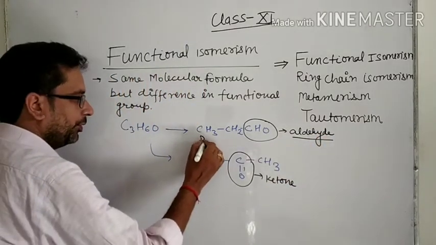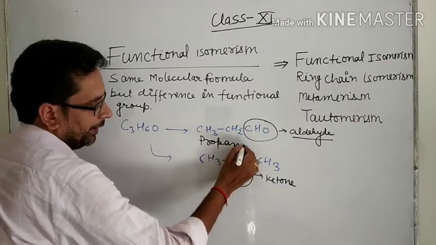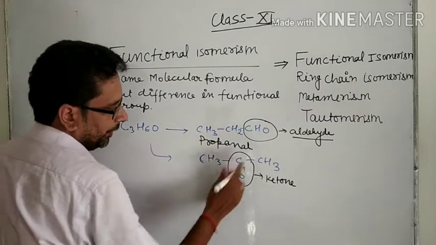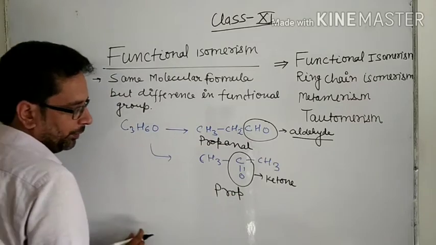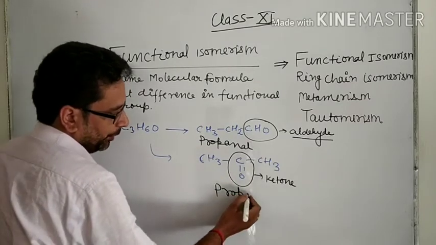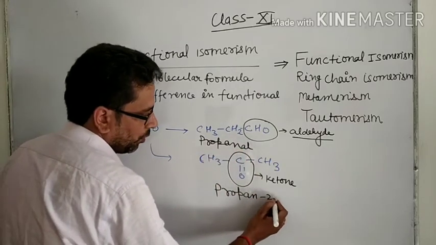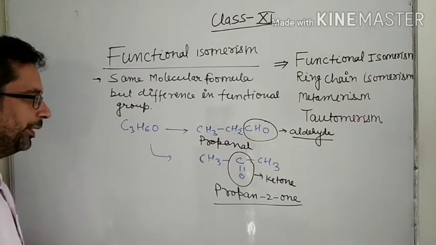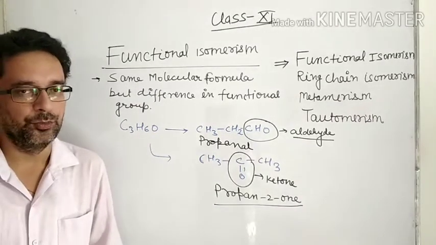The name is propanal. And what is the name of this compound? 1, 2, 3, prop, all are saturated, so propane, 2-one. So propanal and propan-2-one are functional isomers.